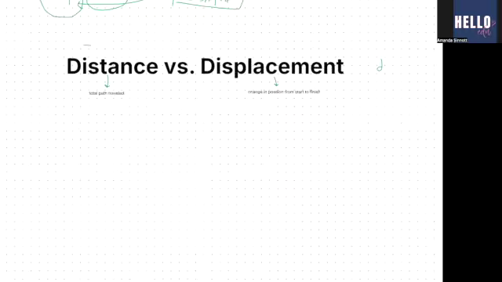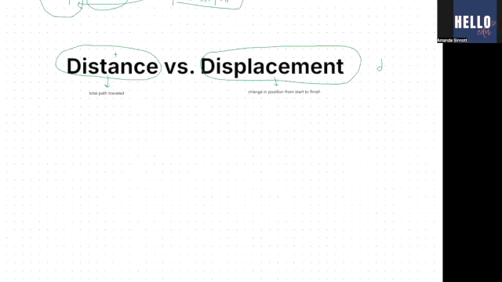Distance is the entire journey. Doesn't matter what direction you're going. You just add up how far you've traveled. Displacement cares about where you end compared to where you started. So it's the shortest straight line path between where you ended and where you started.